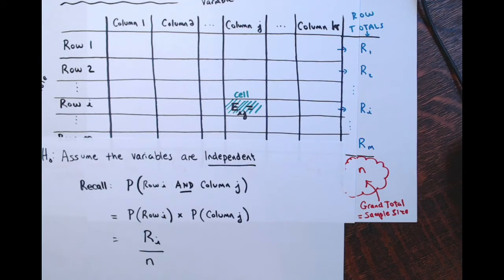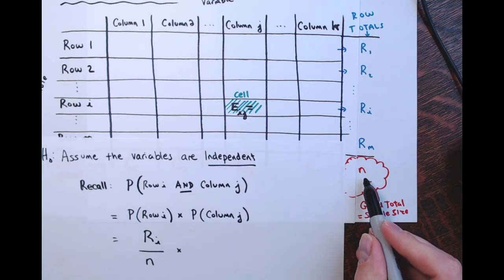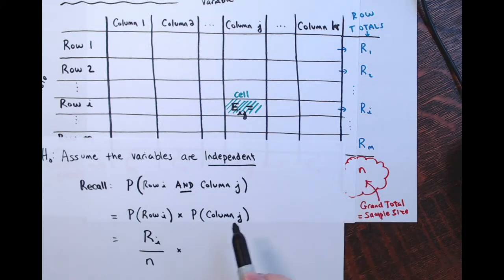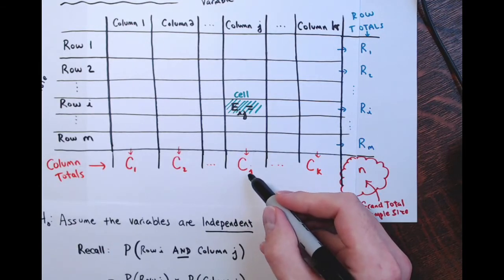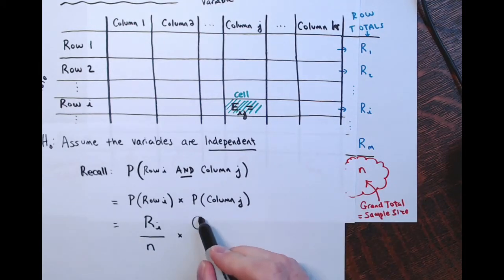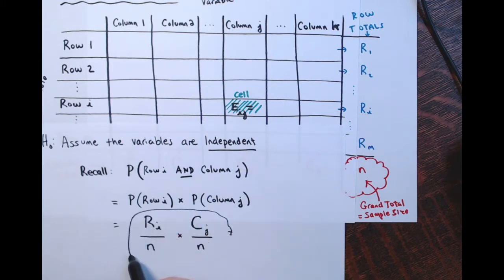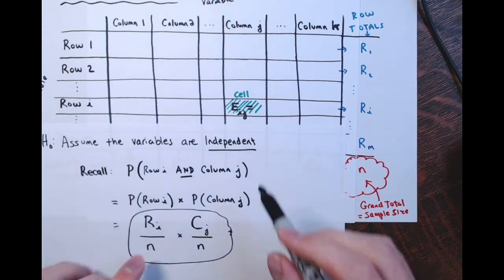The number of people in row I divided by the total number of people, multiplied by the probability of being in column J. Again, if I take these n people and select one at random, what's the probability that they're in column J? Well, it would be how many people are in column J, which I called C sub J, divided by n. So here I have the probability of being in that cell.